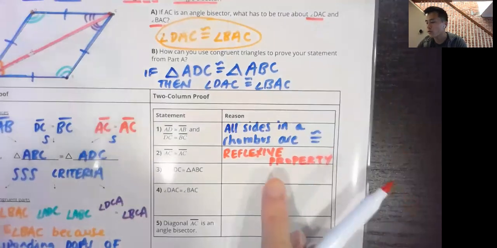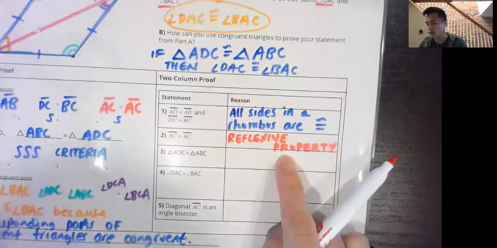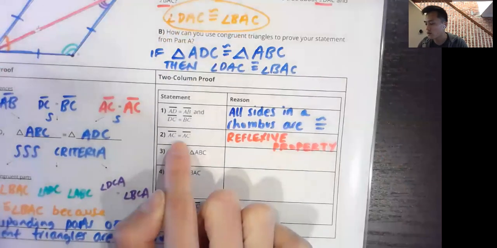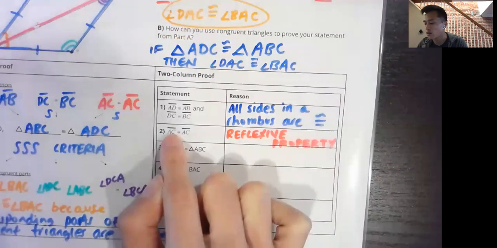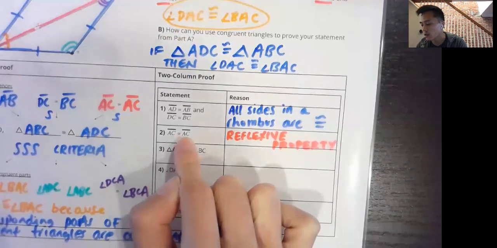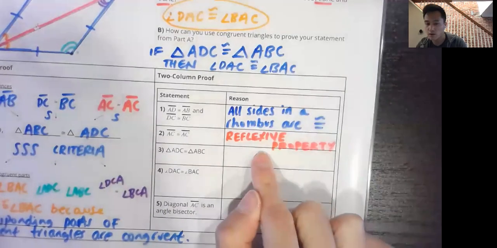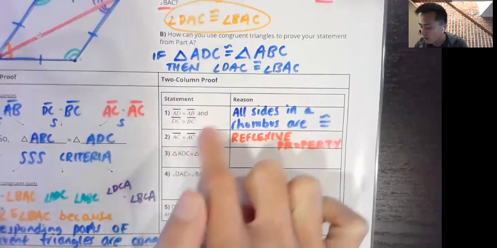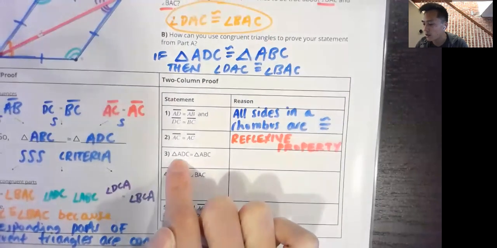In math, the reflexive property tells us that anything is always going to be equal to itself. 5 equals 5, 100 equals 100. That works with congruence too. Anything is always going to be congruent to itself. Side AC is congruent to side AC. Angle B is congruent to angle B. Reflexive property.